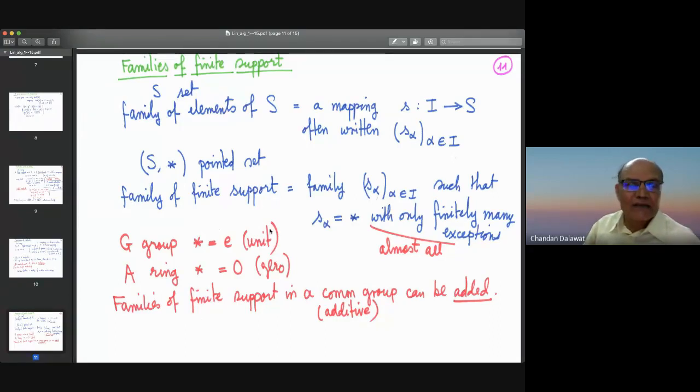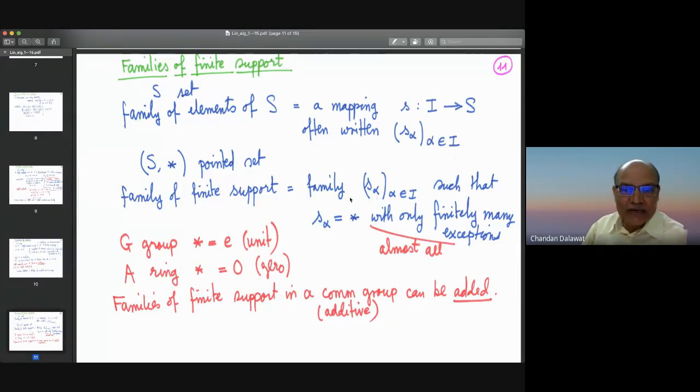That makes sense for a family of elements of a set when that set has some special element. Let's think of a group which has the unit element. That's a special element. And when we have a ring A, we have the 0 element, which is a special element.